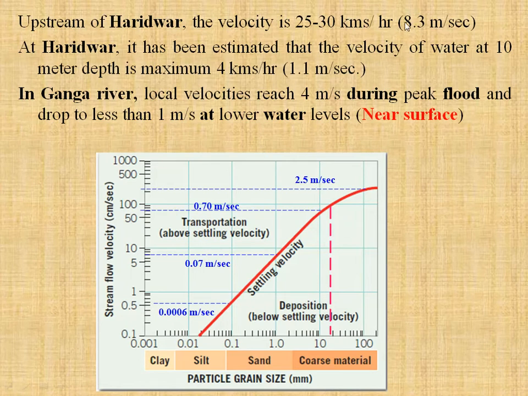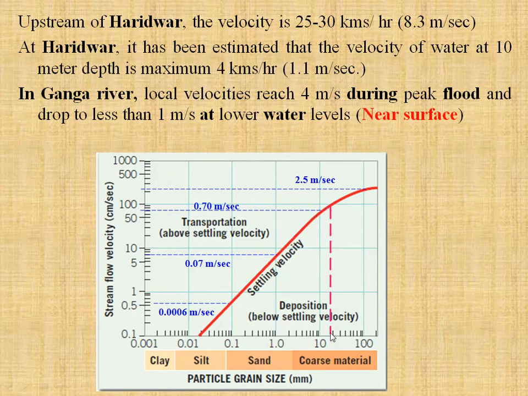So if the velocity is 8.3 meters per second, you can imagine that the river will be able to transport much larger sized boulders in the upper mountainous region in the Himalayan terrain. Now at Haridwar, which is the foothills, the estimated velocity of water at 10 meters depth is around 1.1 meters per second.